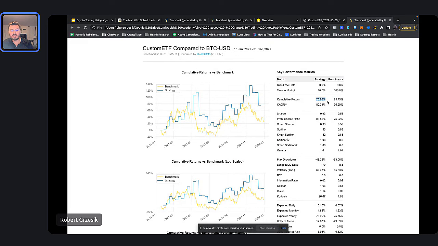So you would have made a heck of a lot more money, about 3 times more to be specific. And the reason why is because it's investing in these 3 different assets, and it's automatically buying low and selling high, because they have to be 33% each.